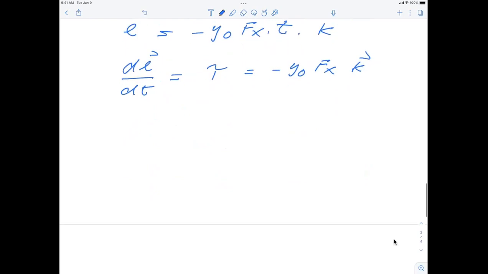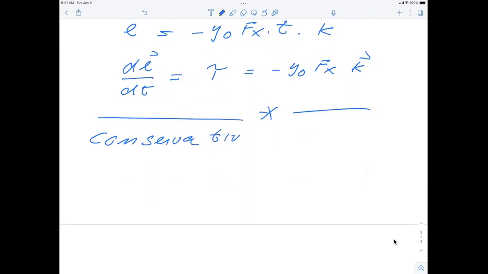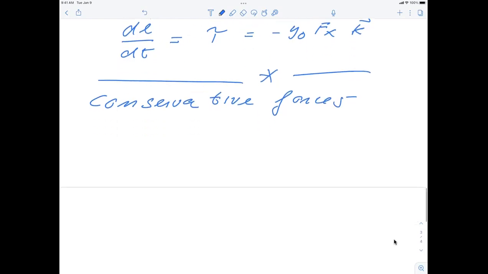specific problems now. So let's go back. That was an example. And now we need to discuss a little bit more about conservative forces. So what we have seen is the following, that one of the things we need to make sure is that the force depends on position only, on the spatial degrees of freedom.